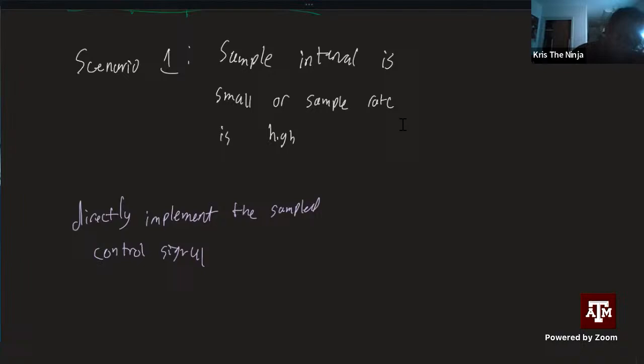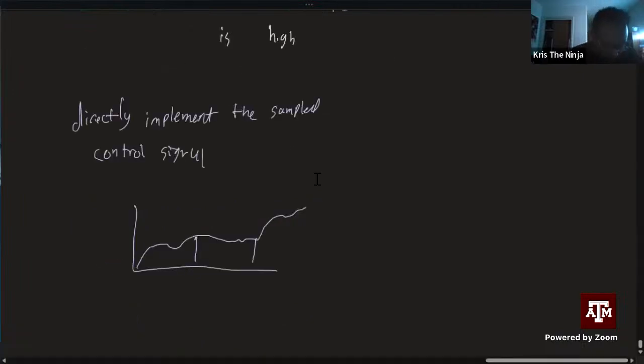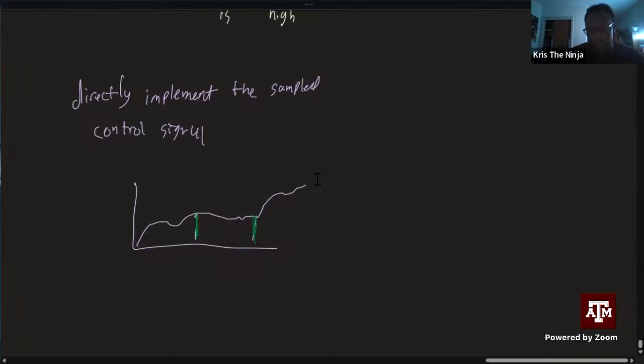An example of this would be if we had a signal that goes like this, and we sample from here to here, from there to there. Nothing has really changed, and it's a pretty small sample of what's there. So we can implement a direct sample of that control signal.